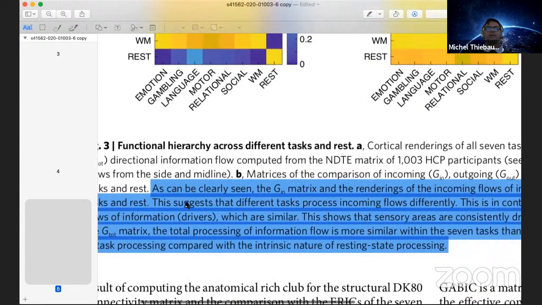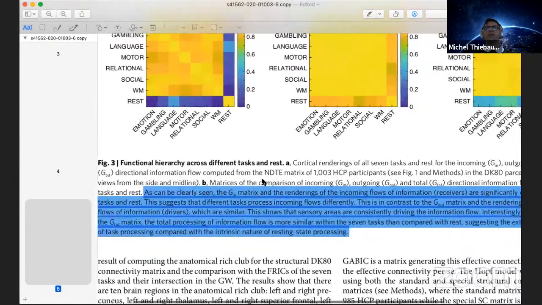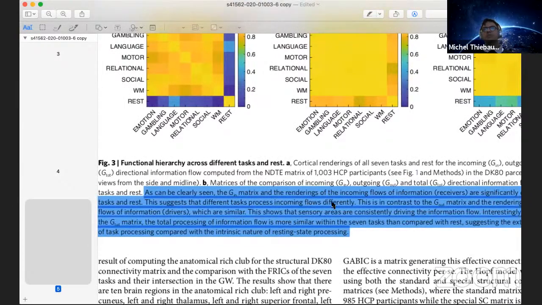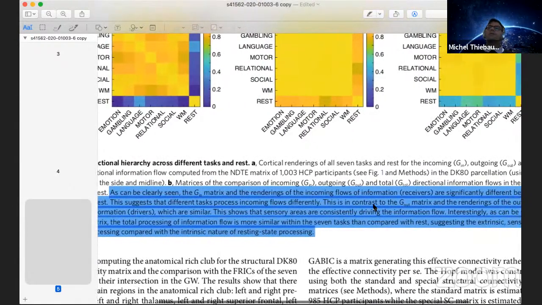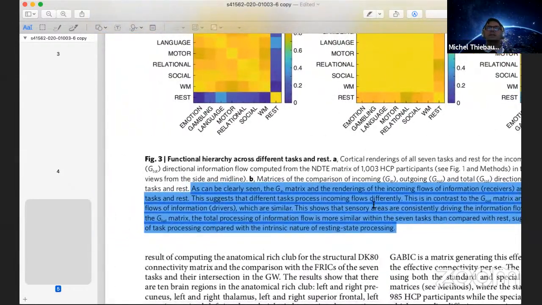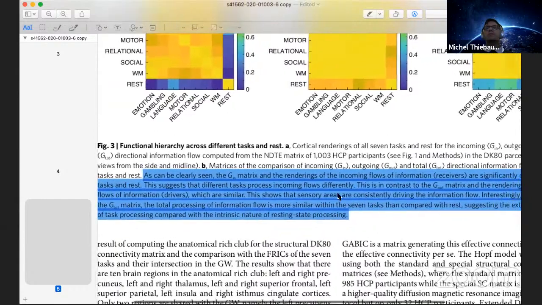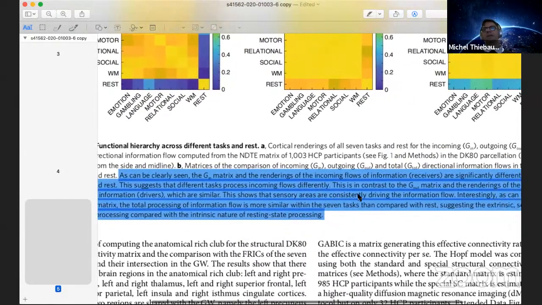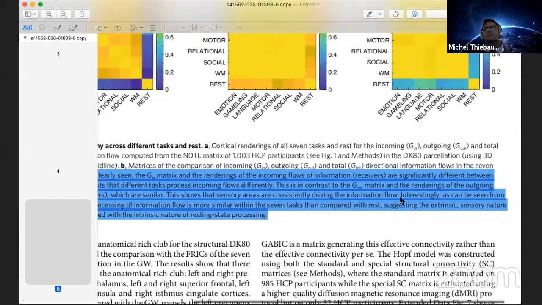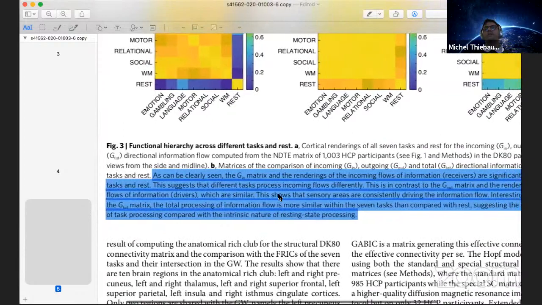So that's actually stated here: as it can be clearly seen in the G in matrix, the rendering of the incoming flow of information are significantly different between task and rest. This suggests that different tasks process incoming flow differently. This is in contrast with what is coming out, the G out matrix, so the rendering of the outgoing flow of information drivers, which are similar.